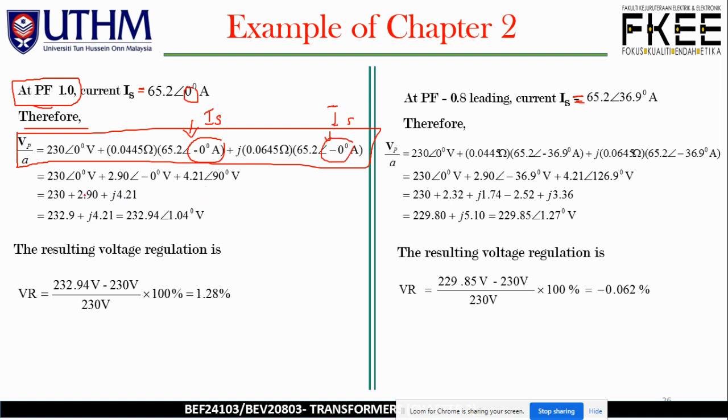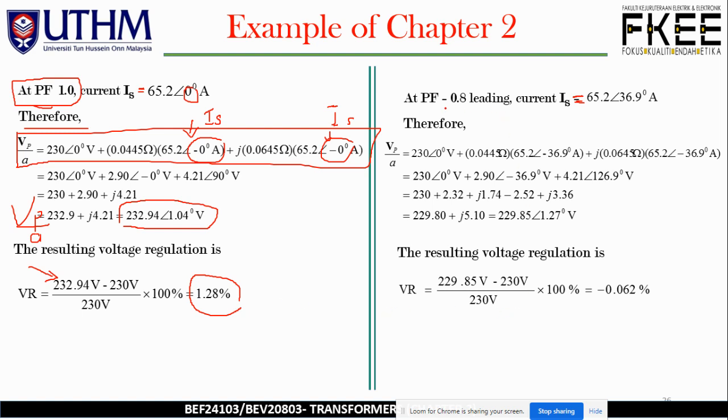From here we can solve the equation, giving us the value of Vp over a equal to 232.94 at 1.04 volt. Then putting into the VR equation, we still get a positive value of VR, 1.28.